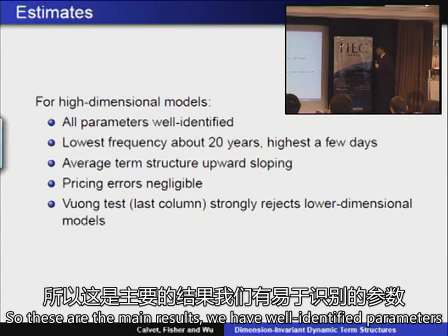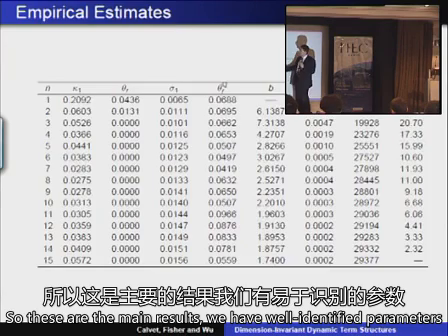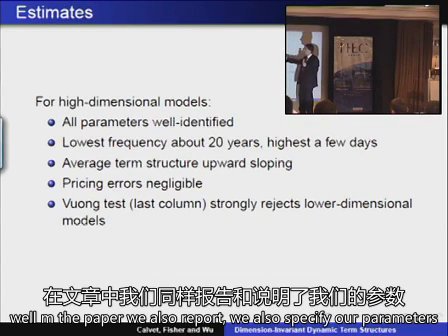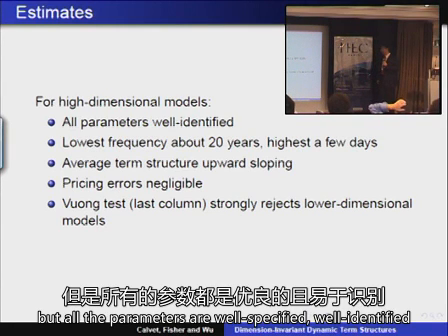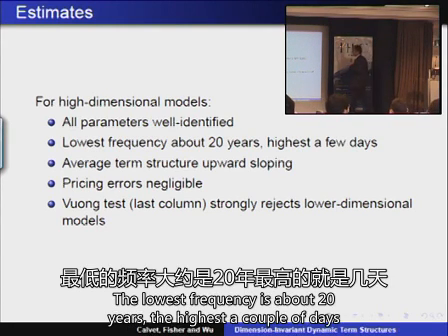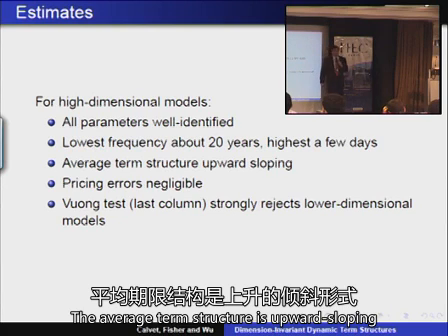Okay, so these are the main results. We have well-identified parameters. I forgot to mention that in the paper we actually report the standard errors. Here, for space constraints, I didn't, but all the parameters are well identified. The lowest frequency is about 20 years, the highest a couple of days. The average term structure is upward sloping.